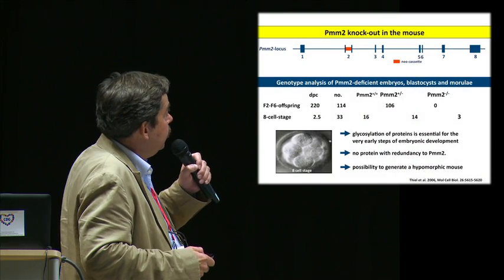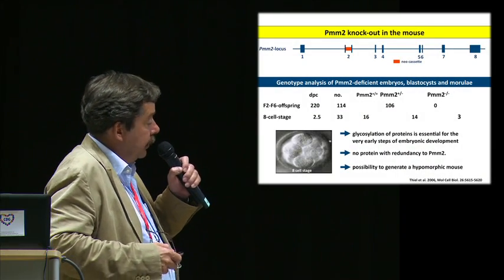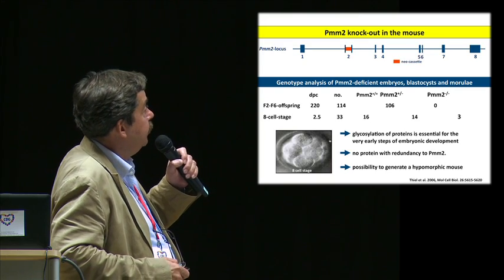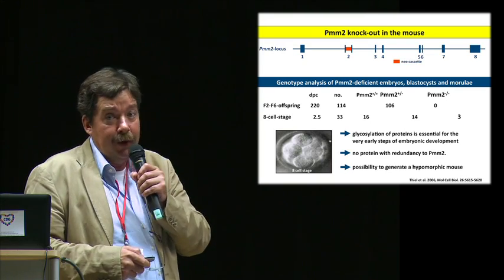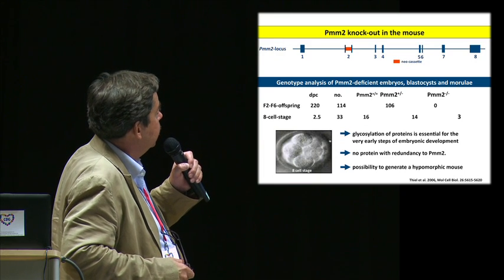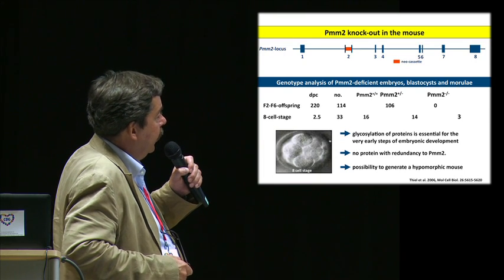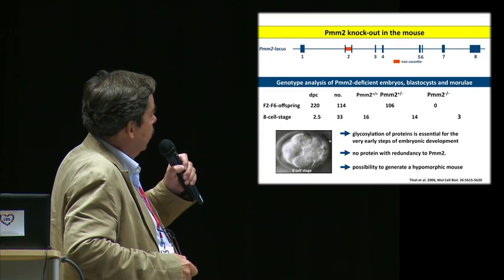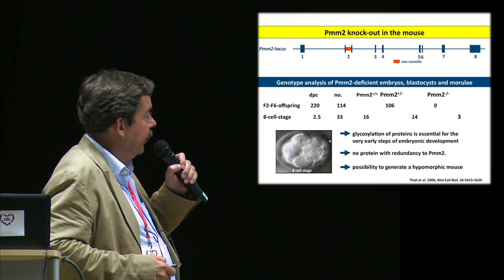In a knockout mouse model where we completely drop down the activity of the enzyme, we found that it is embryonically lethal at around the 8-cell stage, so very early lethal.